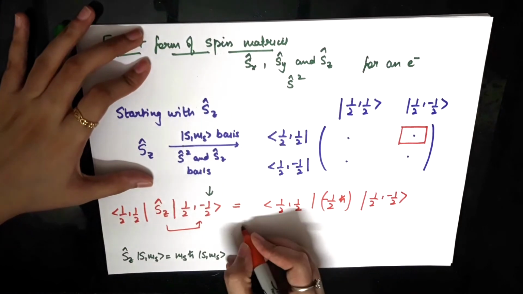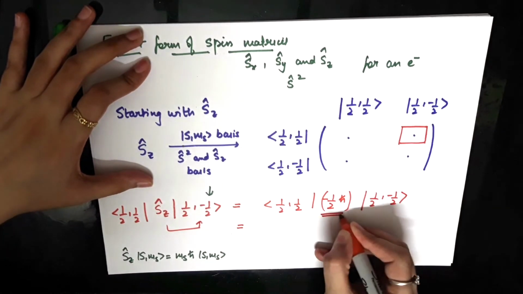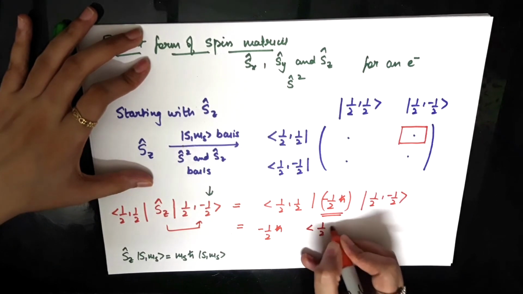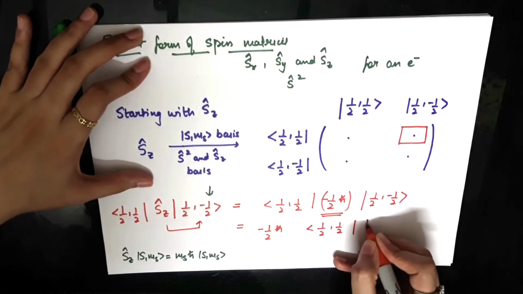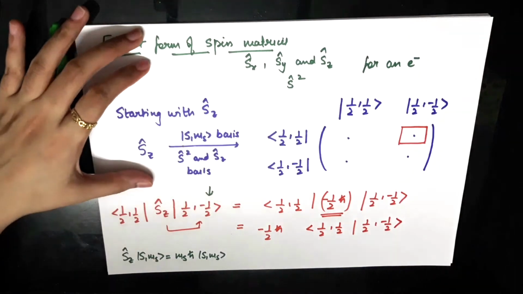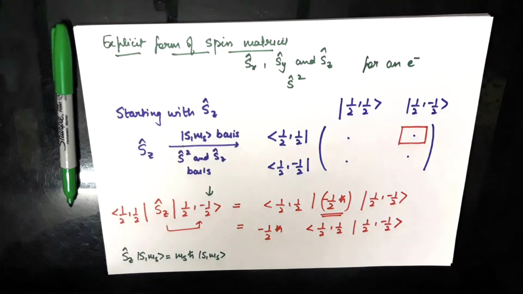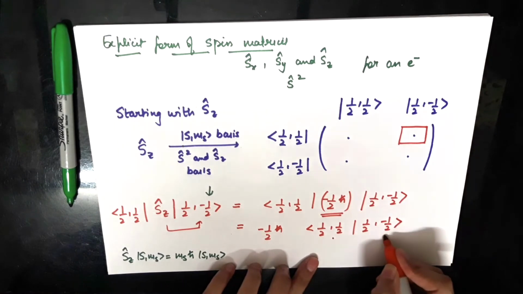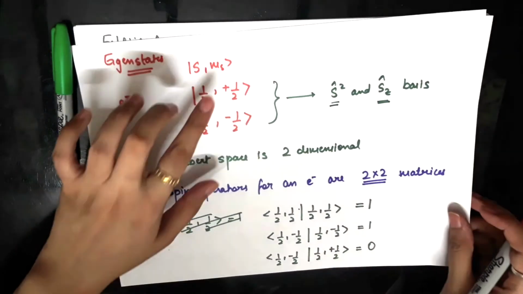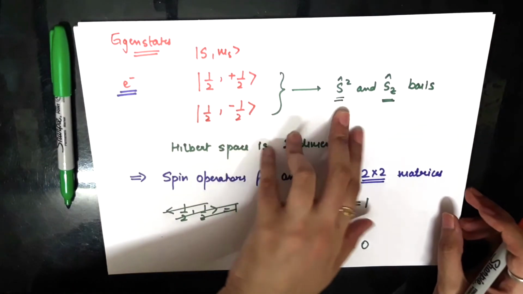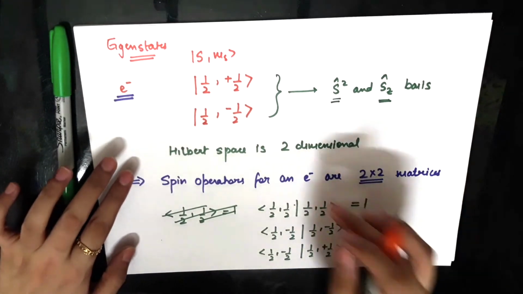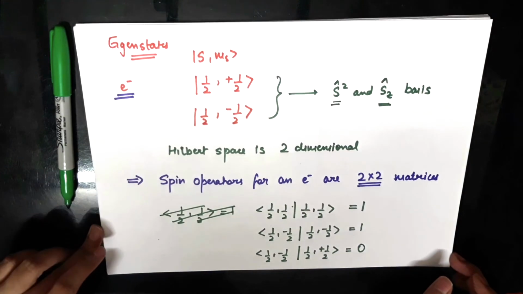And now because this is a constant, you can take this thing out of everything here, and I'm left with half plus half and half minus half. And now you can see straight away that because it is an inner product of half half and half minus half, and these are eigenstates of Hermitian operators S square and Sz, the inner product should give you 0.